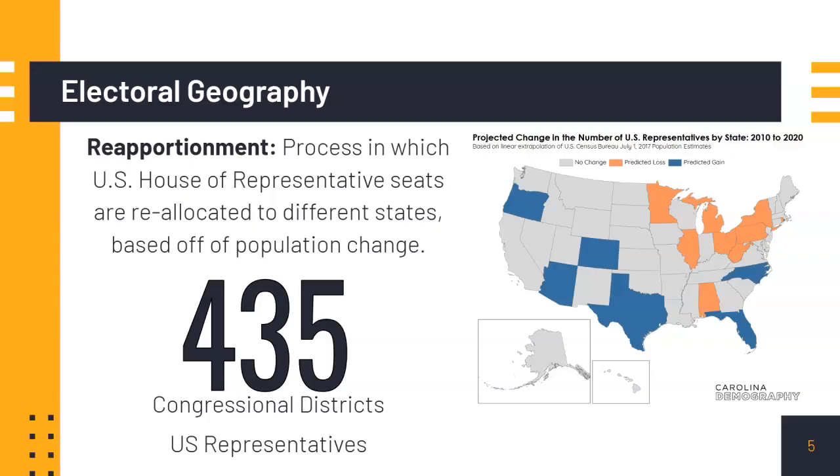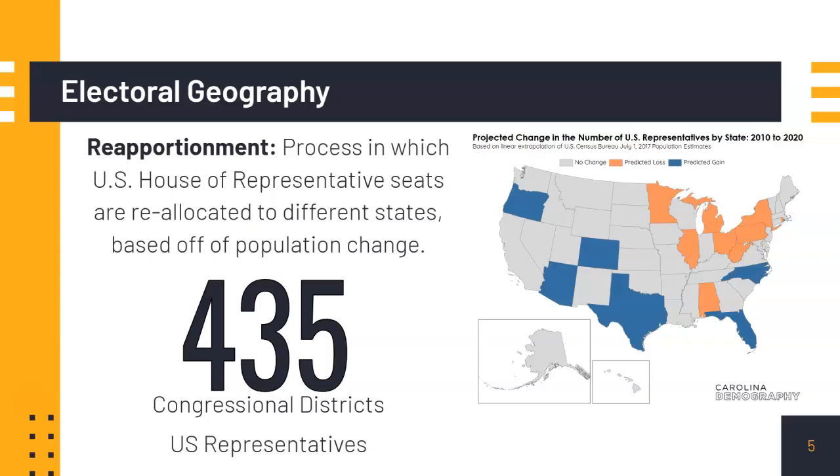Each state is divided into congressional districts, and the number of districts each state has is determined by its share of the 435 seats. This means that as populations grow or shrink, the number of congressional districts in each state can change. After reapportionment, redistricting takes place, where the boundaries of these districts are redrawn to reflect the new distribution of seats.